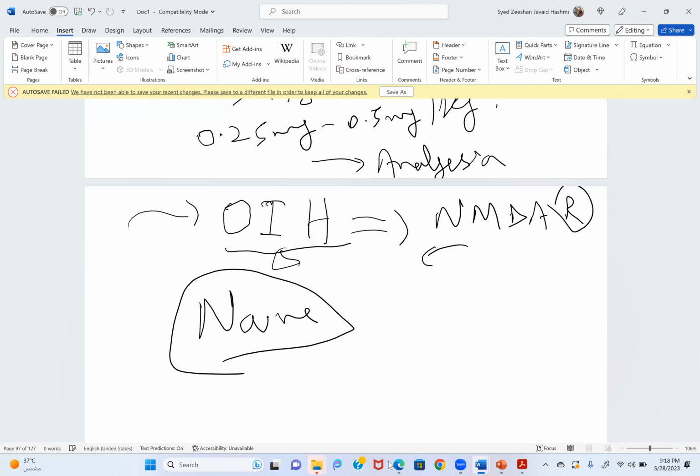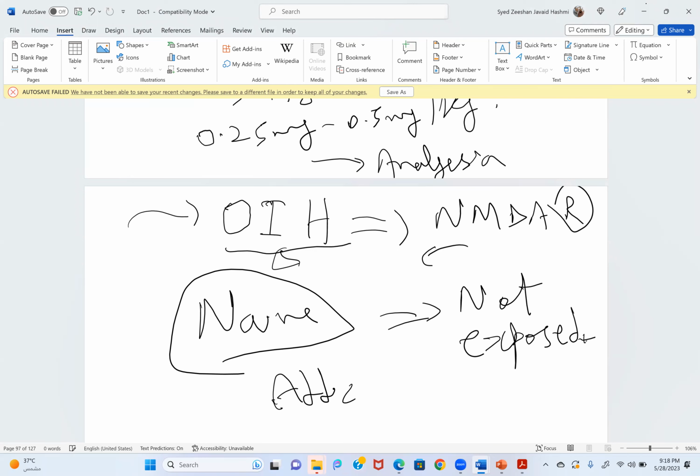What do you mean by opioid naive? Opioid naive means whoever has not been exposed to opioids. There will be a different response in a patient who has never received opioids compared to an opioid addict.